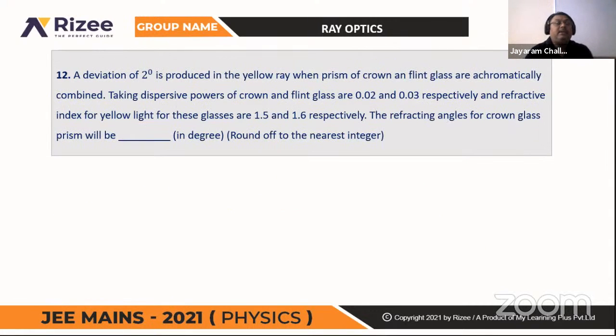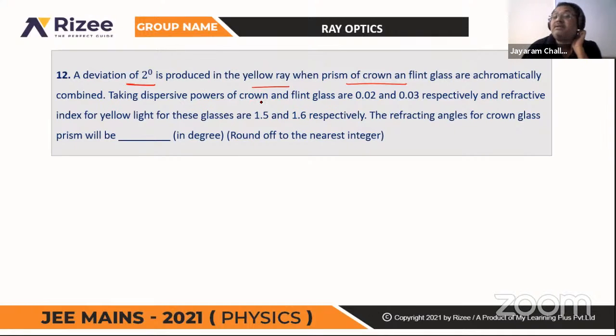Coming to another question, this question concerns optics only, but it is the dispersive power form. The deviation of 2 degrees is there for the yellow rays when crown glass and flint glass prisms are achromatically combined.